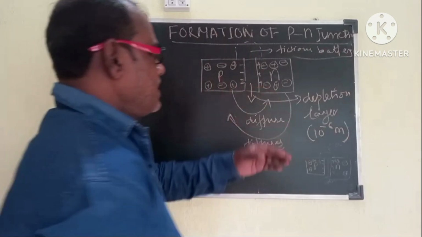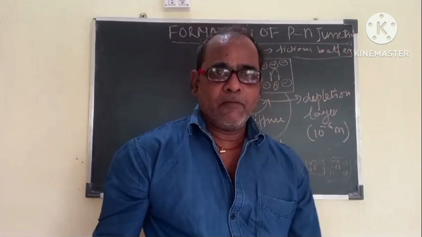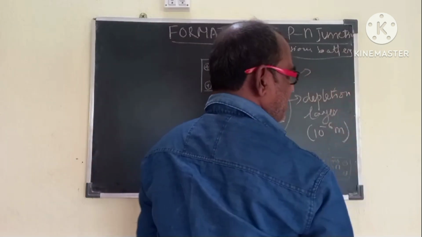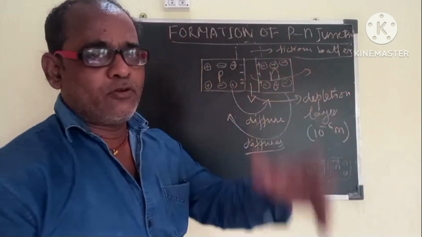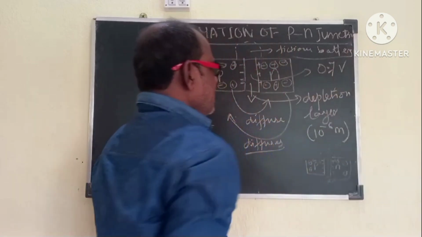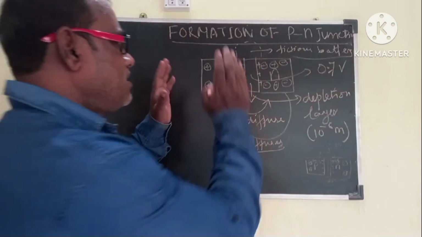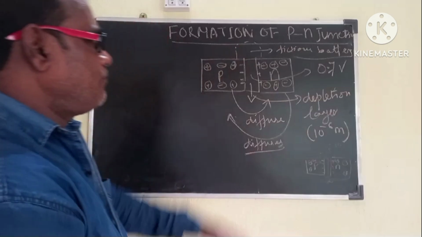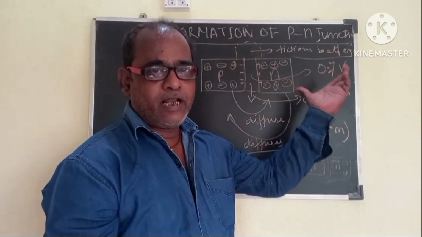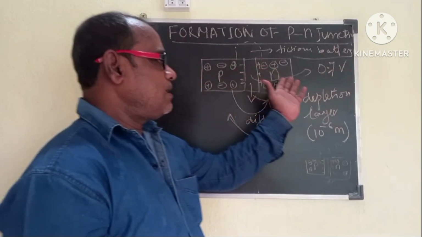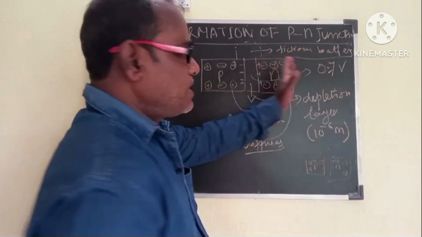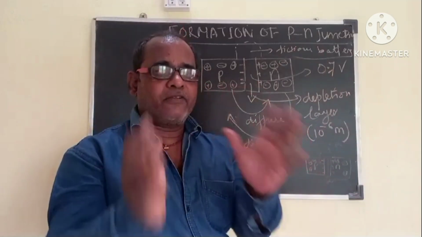So finally, it becomes a potential barrier, which for silicon is 0.7 V. Once the potential barrier is set up, it obstructs the diffusion of holes and electrons from the P section and from the N section. When the potential barrier is completely set up, a high electric field is also set up.